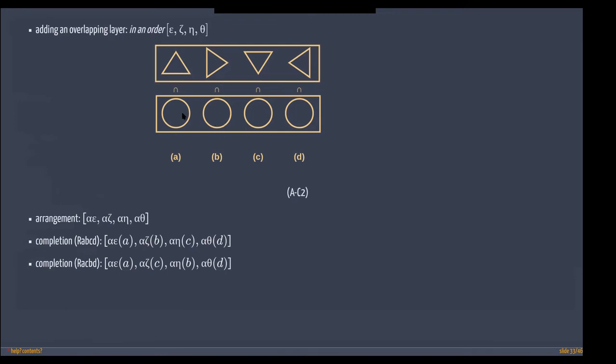It wouldn't make a difference if we had just the layer of being in a circle. But it makes a difference if we have these superpositions.